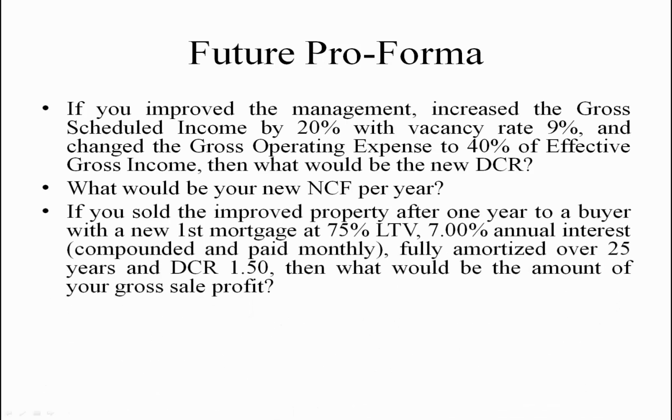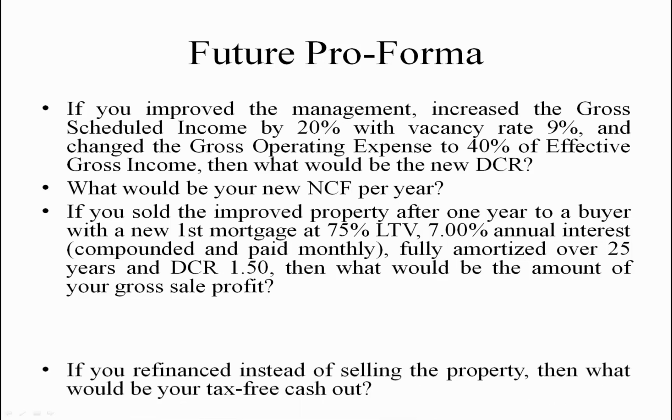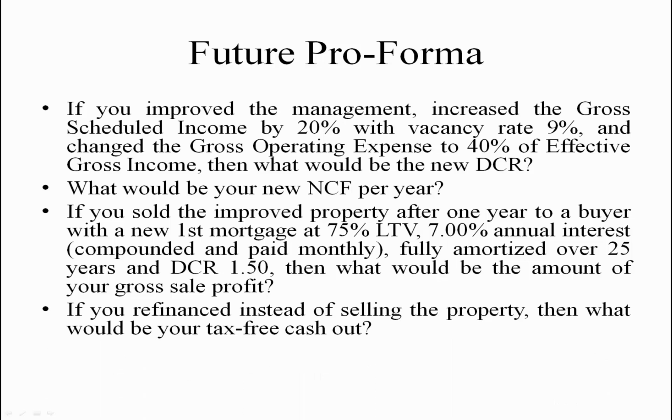If you sold the improved property after 1 year, to a buyer with a new first mortgage at 75% loan-to-value, 7% annual interest compounded and paid monthly, fully amortized over 25 years, and debt coverage ratio 1.50, then what would be the amount of your gross sale profit? If you refinanced instead of selling the property, then what would be your tax-free cash out?